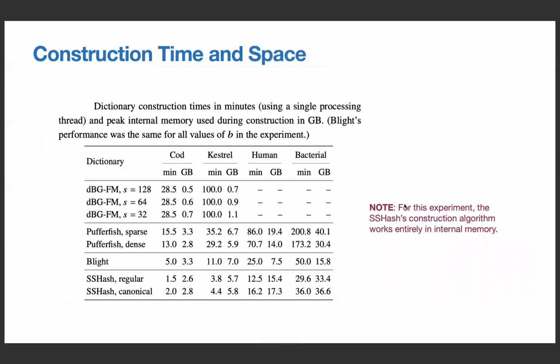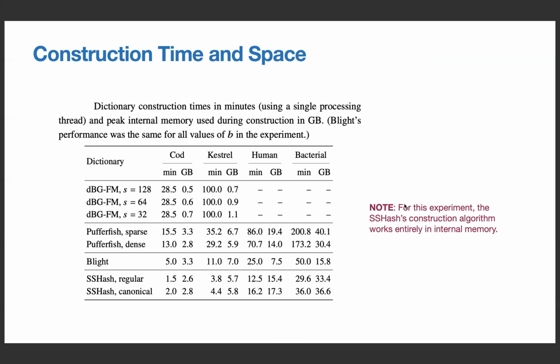Finally, regarding construction time and space, in this table I am reporting the number of minutes taken by the construction process for the SSH index and the RAM used during construction. We can see that SSH is very fast to build, although these numbers are relative to the in-memory construction.